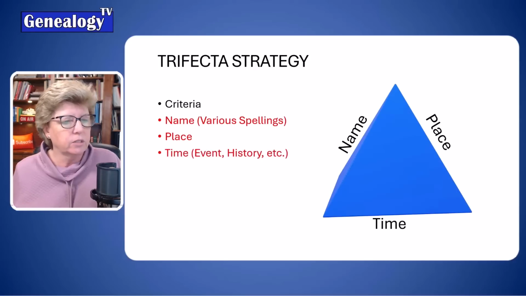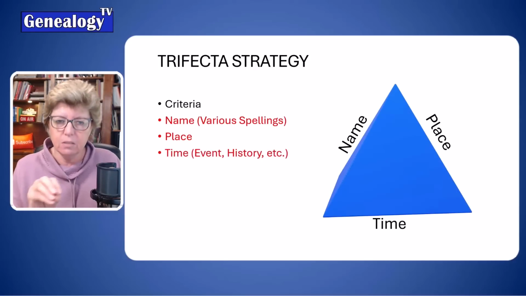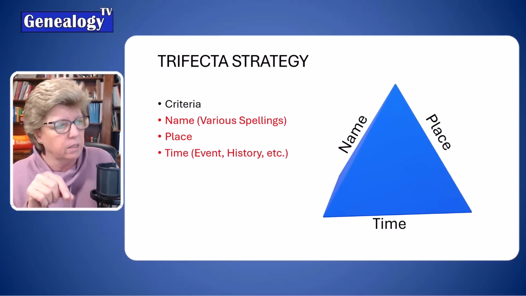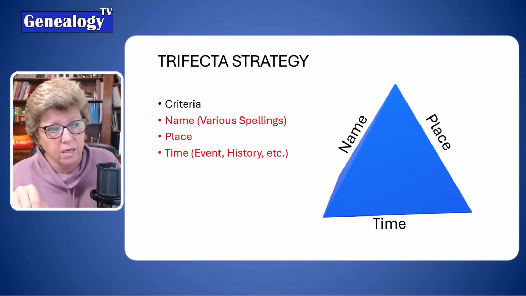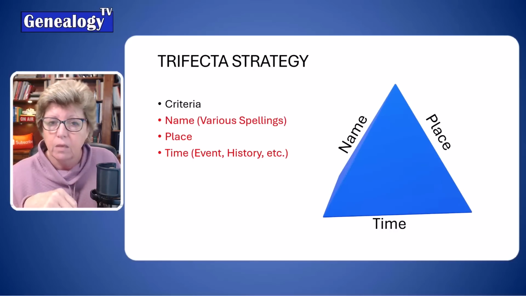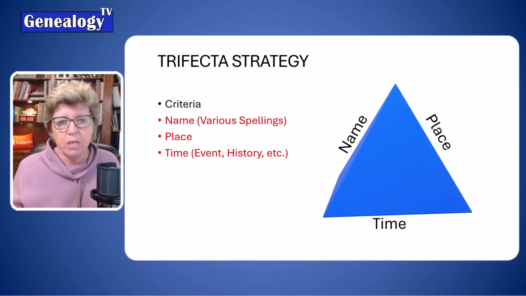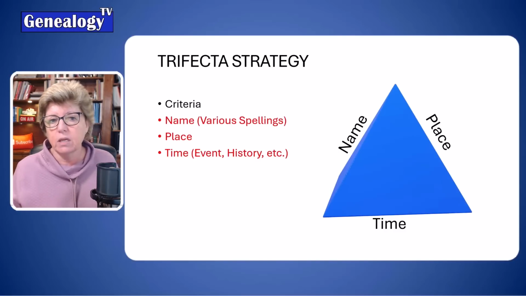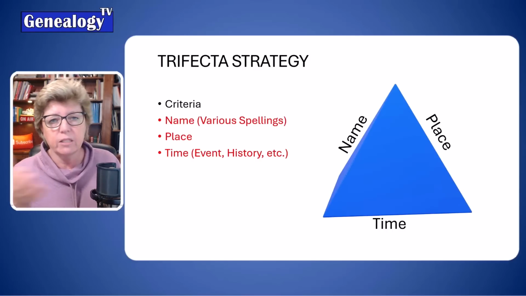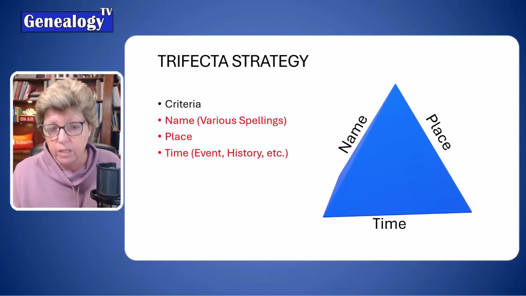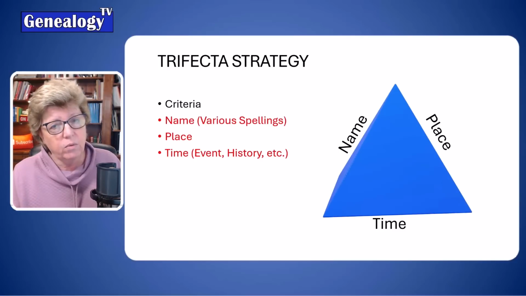And then you're also going to search time. And by time, I'm going to give a couple caveats here. We want to search the event, but we also want to search the history of the area without the name. Why? Because things are happening. Let's say we're trying to find someone in 1862 in North Carolina. Well, that's during the Civil War. Maybe he left. Maybe we're trying to find a newspaper article in 1862 that relates to an event for my ancestor in North Carolina, and all of a sudden I go, well, wait a minute.